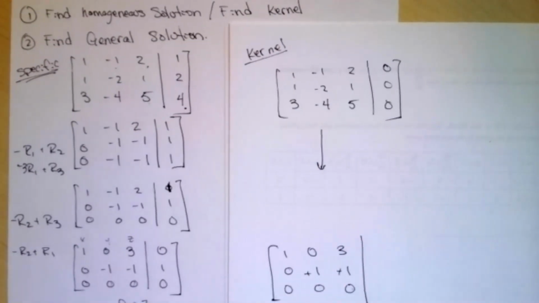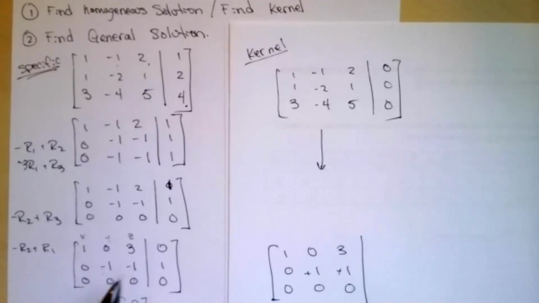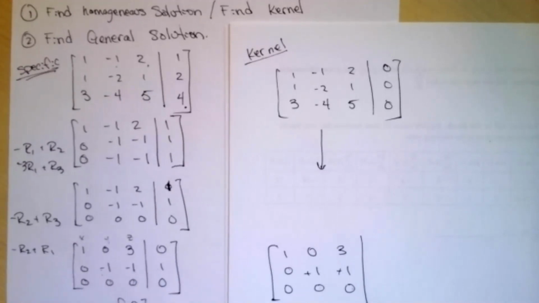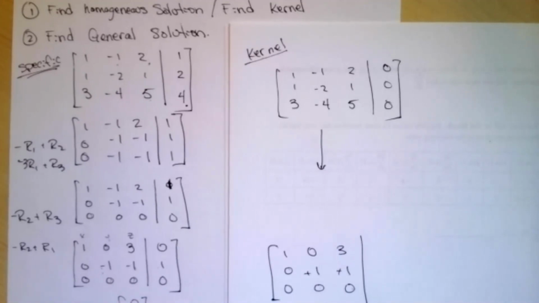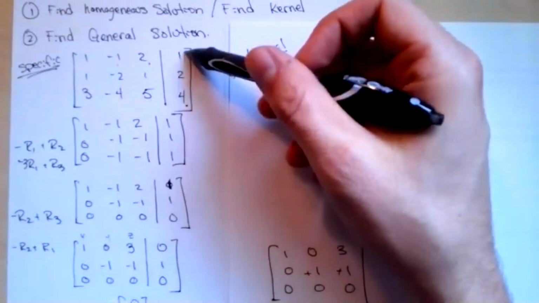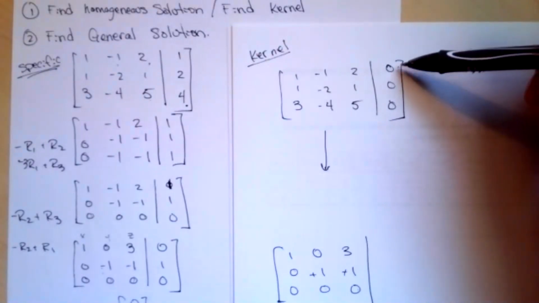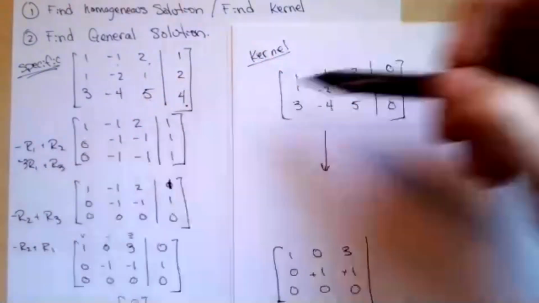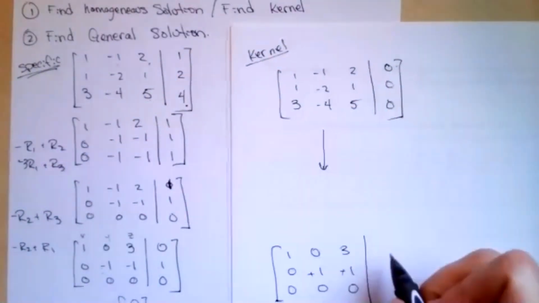Maybe we should have done one more step to make the x, y and z positive to be officially in reduced row echelon form, and that would have made that a negative. But what's going to happen to our third column here? No matter what we do, if I add minus 2 row 1 plus row 2 to 0, it's just going to be all zeros.